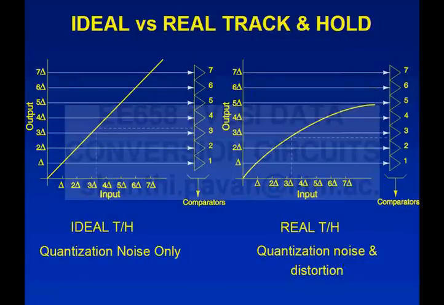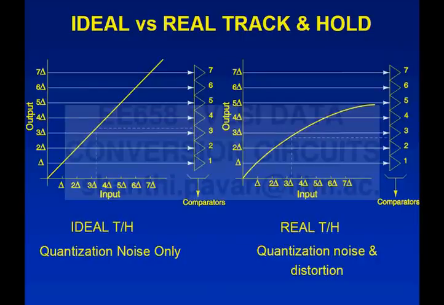Okay. So now what happens if the track and hold has distortion? This is a very exaggerated picture just to drive home the point. If you had an ideal track and hold, the input versus output of the track and hold would be a straight line. And what is the comparator array doing in this 3-bit example? The comparator array is looking at the output of the track and hold, comparing it against all these references.